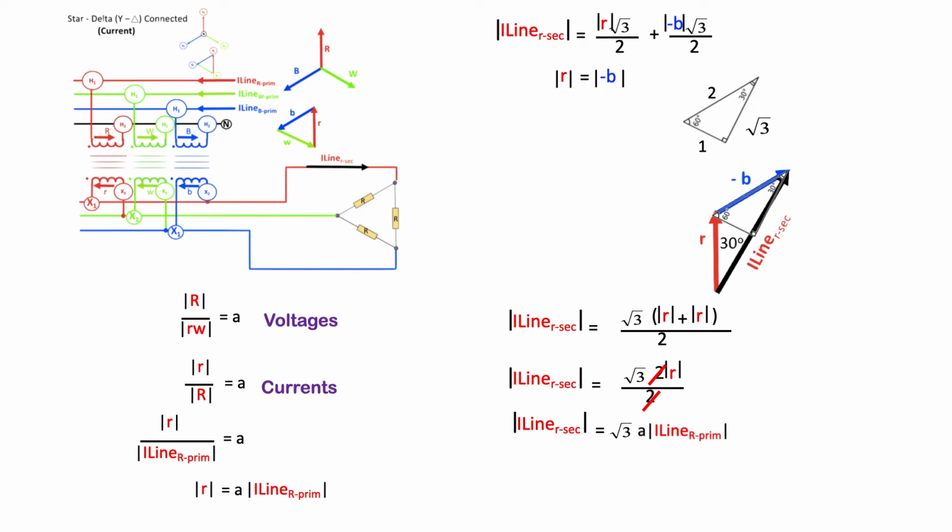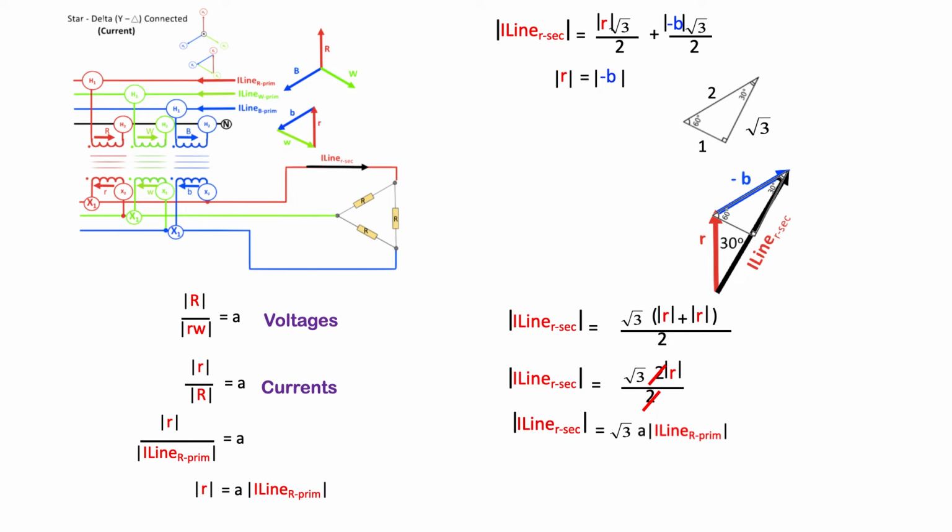And I'm going to replace that with I line R primed, which gives us the relationship between the line current in the secondary on the red phase and the line current in the primary on the red phase.